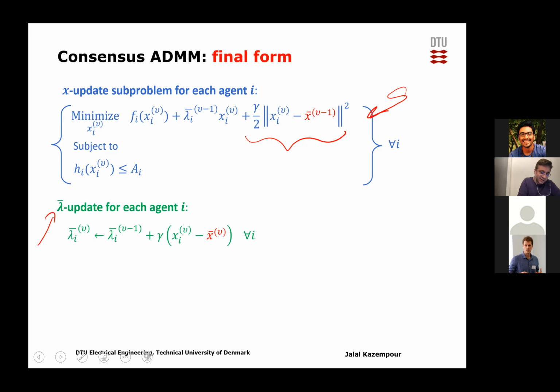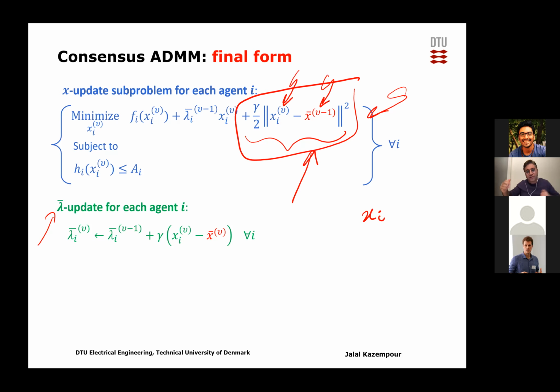Every agent finds the optimal value of x I, the value of the common variable from their own perspective, and then over iterations, they penalize their current value with respect to the average value of the common variable among all agents.